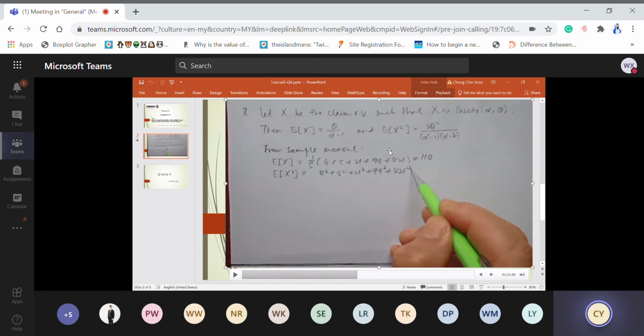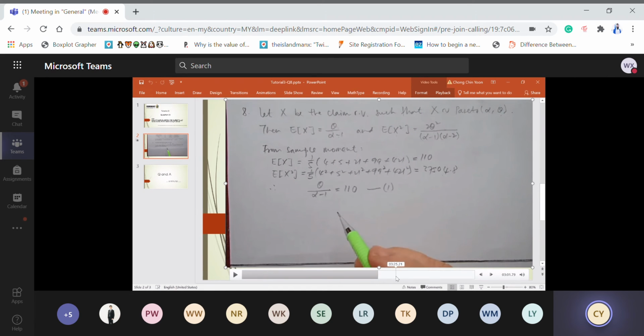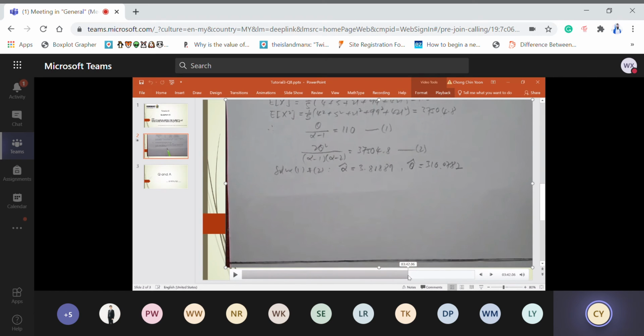After that, you substitute the values into the first and second raw moments and solve the equations to get the values of alpha and theta. So our first method, the method of moments, is just to estimate the parameters.